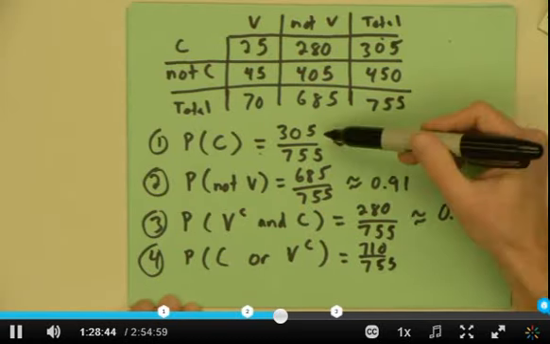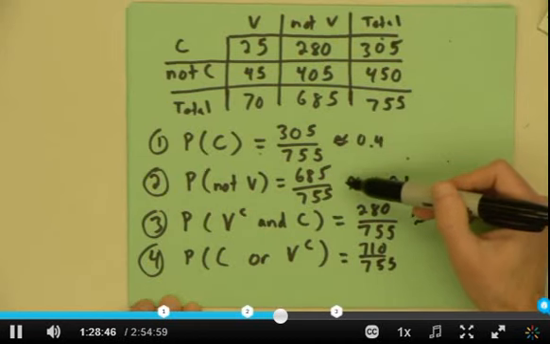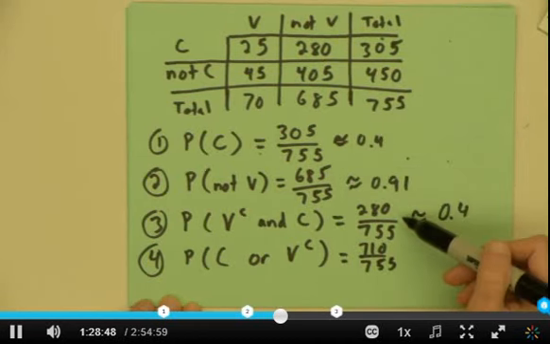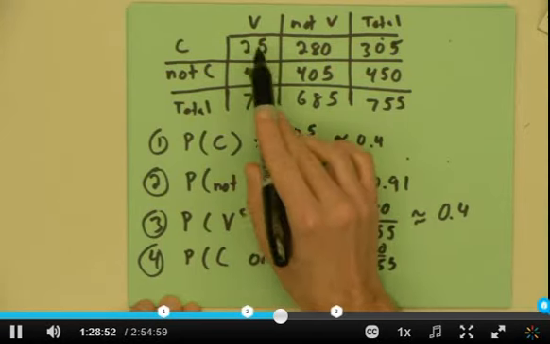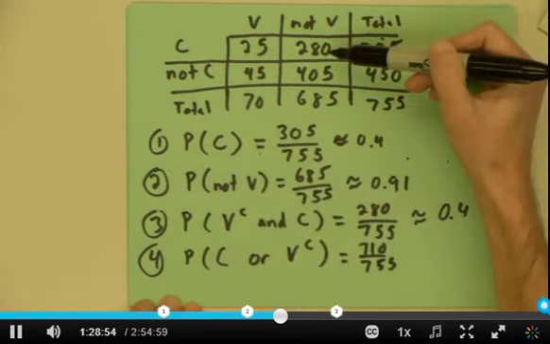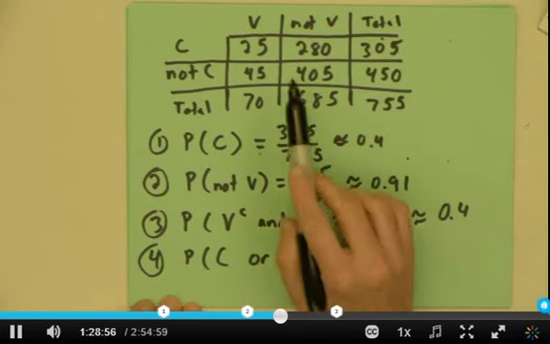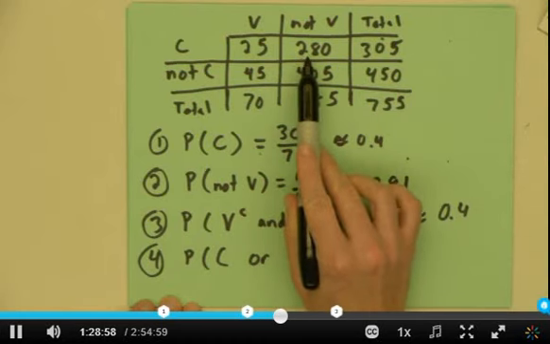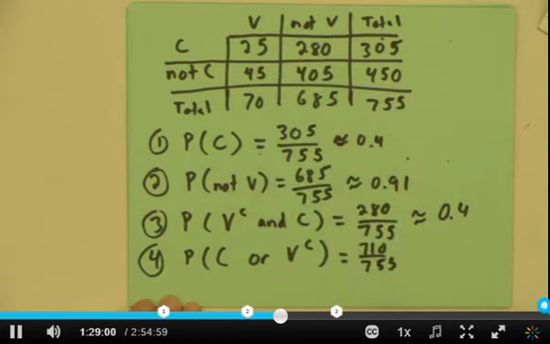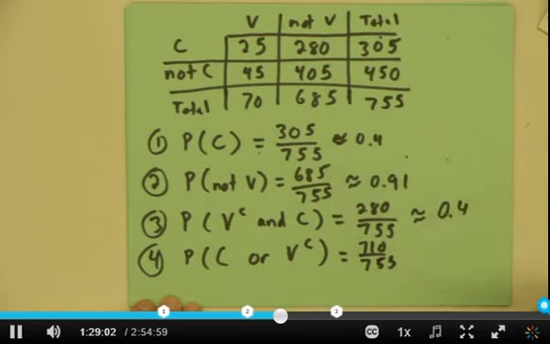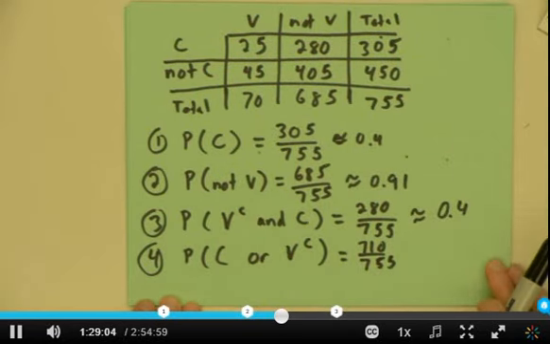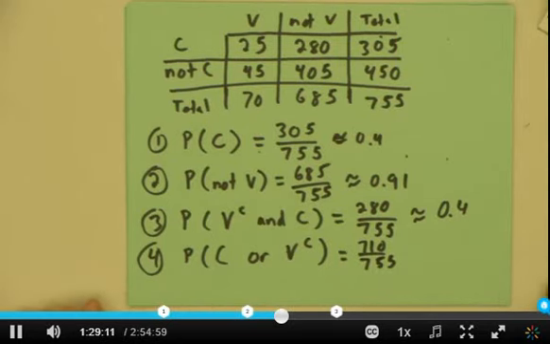I can take the 305 plus the 685 and subtract the 280, which were counted twice. If I add up the C's, I get these two pieces. If I add up the V's, I get these two pieces. And that's double counting this one piece. So I take 305 plus 685, that's 990. Subtract from that 280, it looks like 710. And sure enough, 710 out of 755 is the exact answer I expected to find.